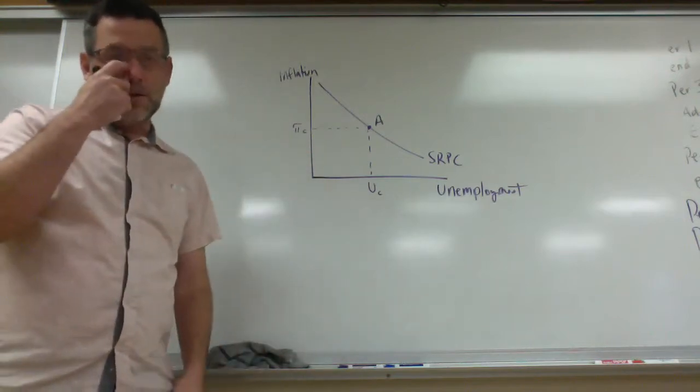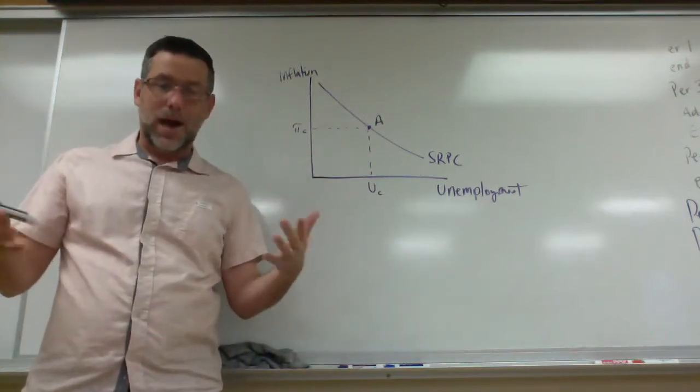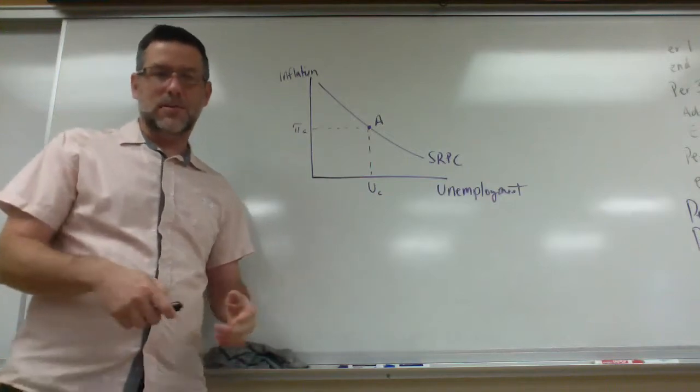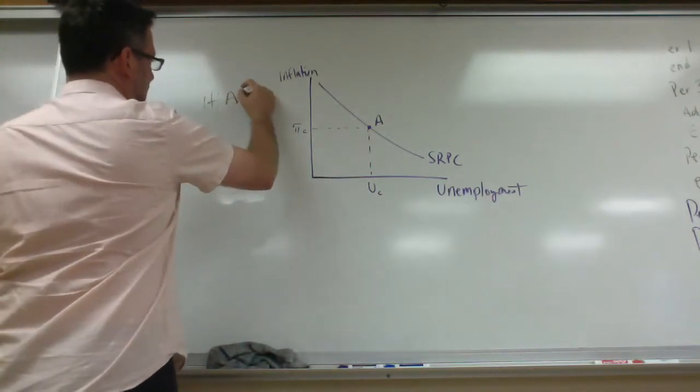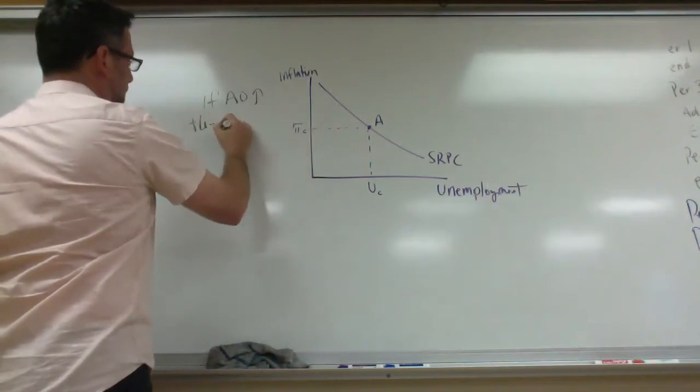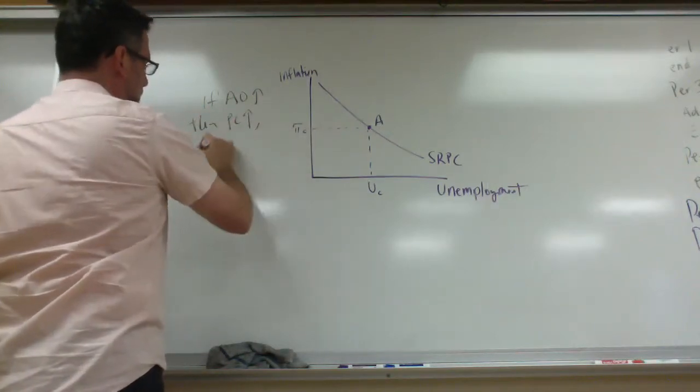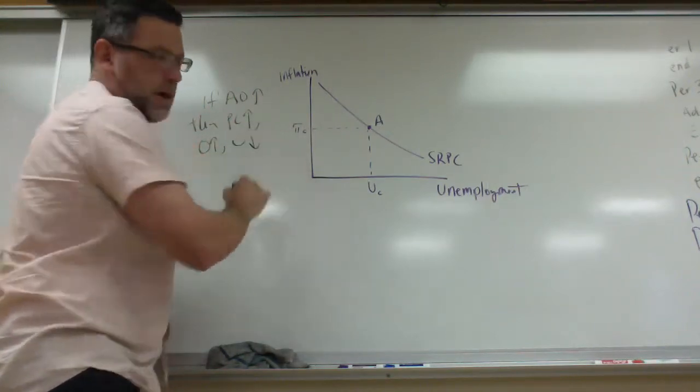So if aggregate demand goes up, price level is going to go up, output goes up, unemployment goes down, right? Again, if aggregate demand goes up, then price level goes up, output goes up, unemployment goes down.